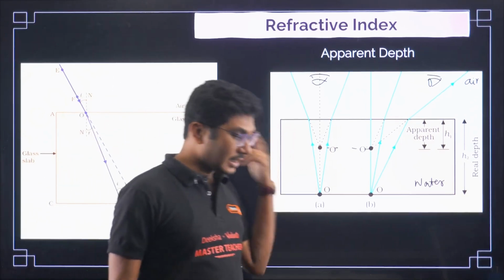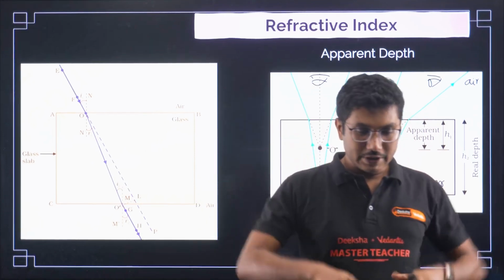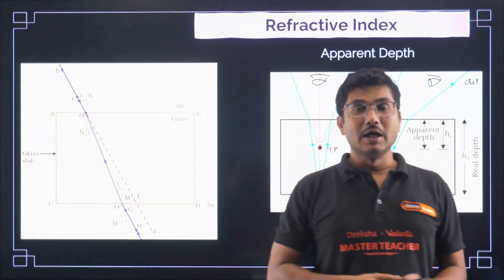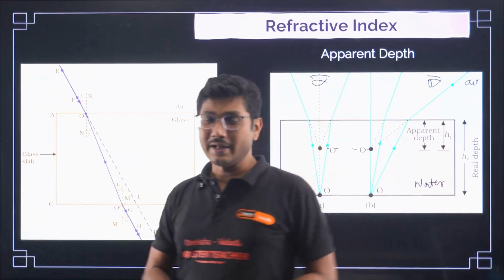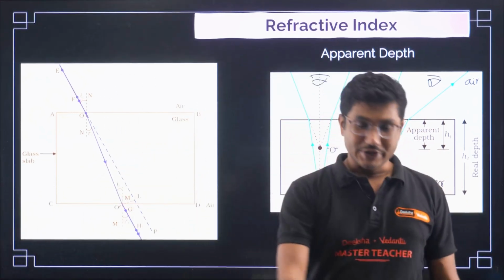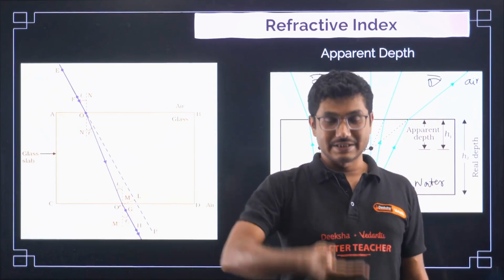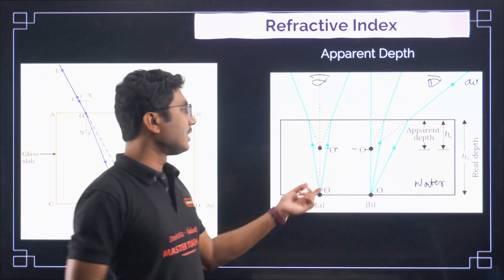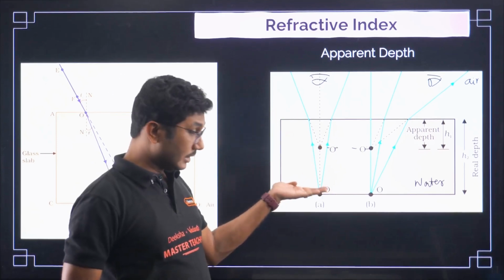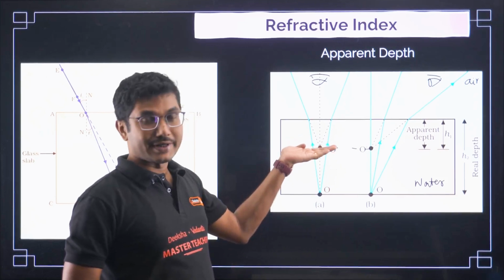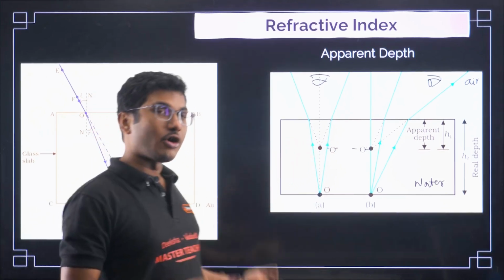But you have to understand that when you are observing a fish tank like this, you will see that the floor of the aquarium appears raised. Because of the apparent depth, the bottom of the aquarium will be slightly elevated than it actually is.